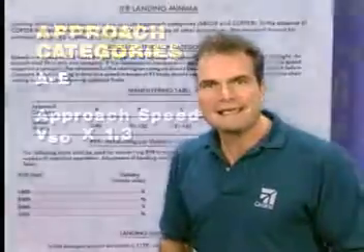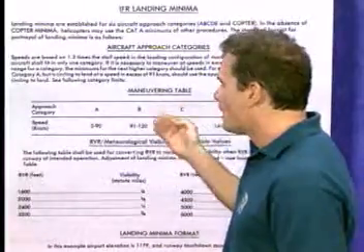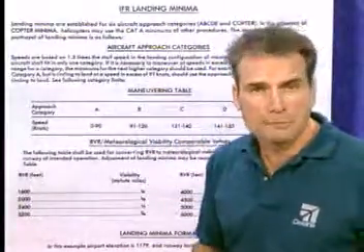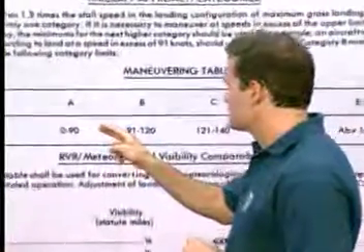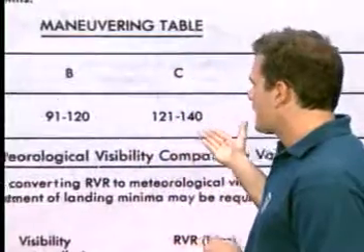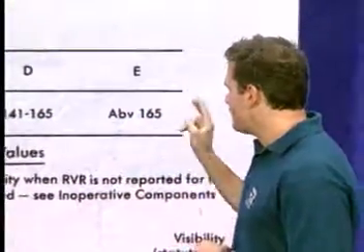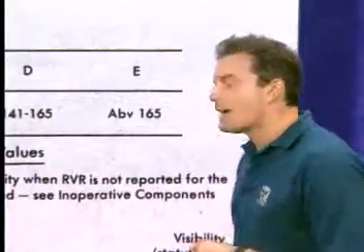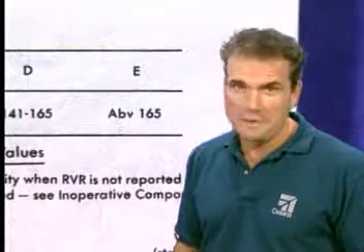Then you check that speed against the maneuvering table on page A1 in the front of the approach chart book. Category A covers 0 to 90 knots, Category B 91 to 120 knots, and so on. Category E, which covers speeds above 165 knots, would generally apply to military fighters or UFOs.